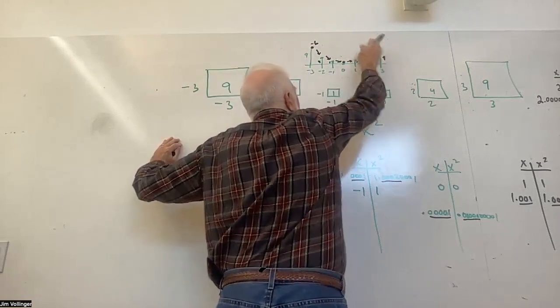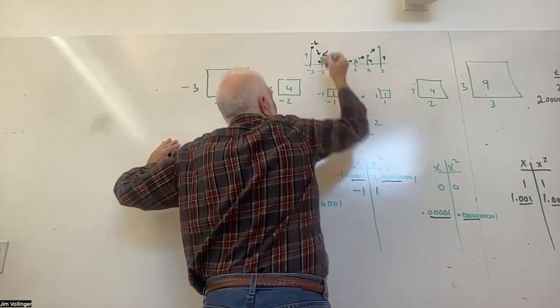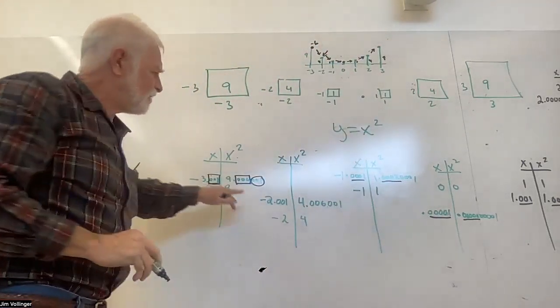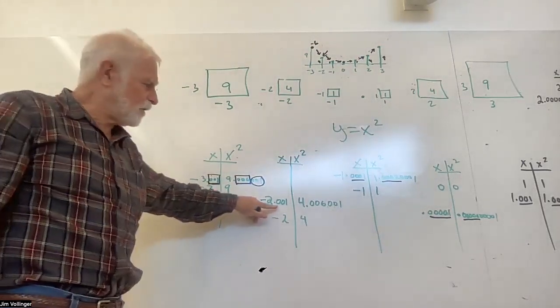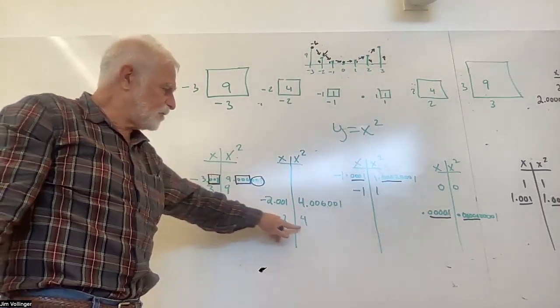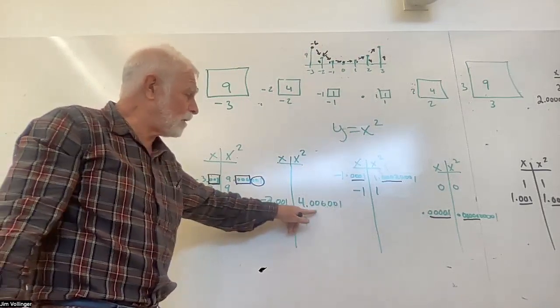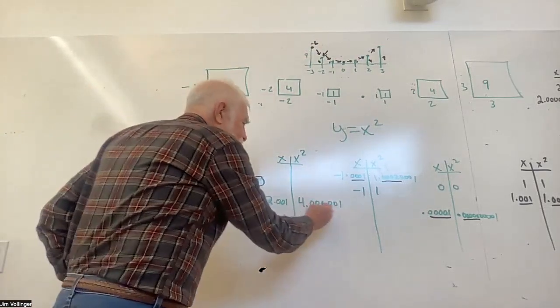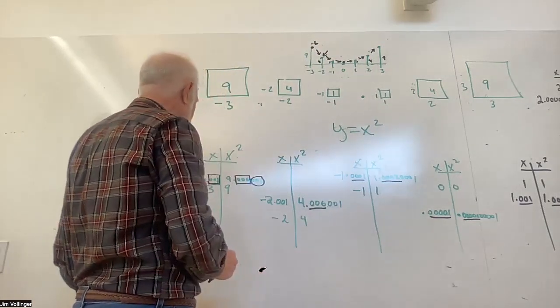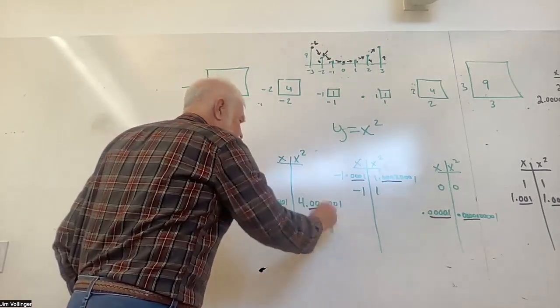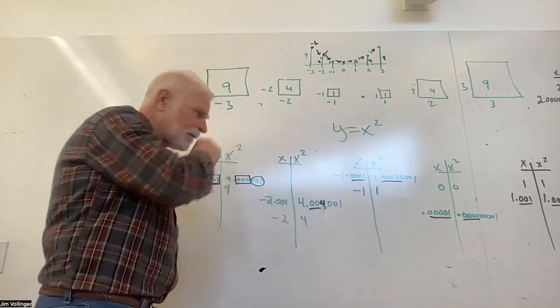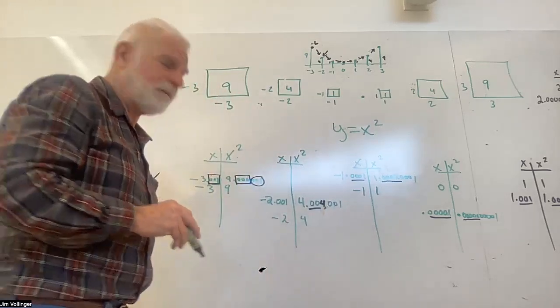I'm erasing those now, and I'm zeroing in on what's happening at that instant. At -2, I kept it to 3 decimal places. -2 squared is 4. -2.001 squared turns out to be 4.00601. Oh, I made a boo-boo here. It should be 0.004.